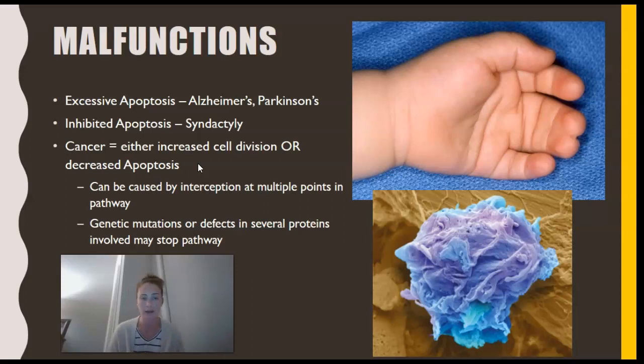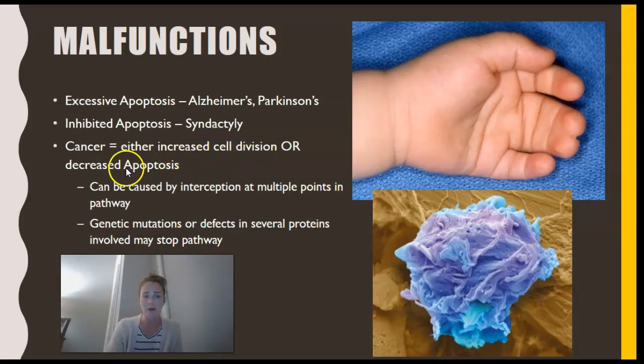And that would be a form of inhibited apoptosis. And it doesn't have to be an or. In fact, most cancers are an and. So it hasn't died off when it should have, and there's increased cell division.